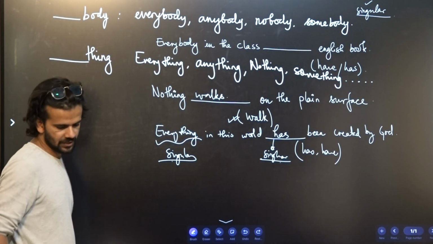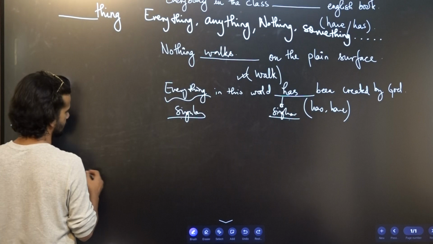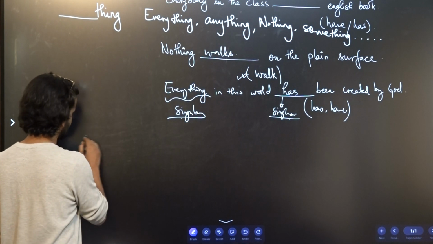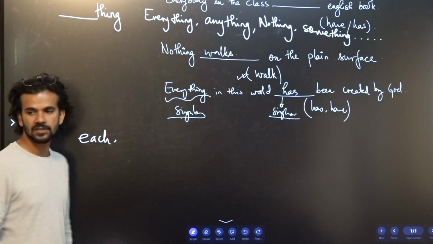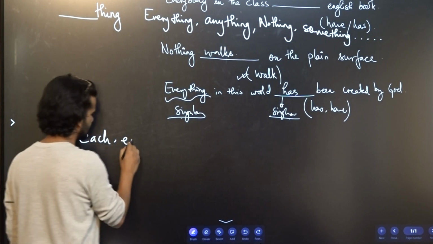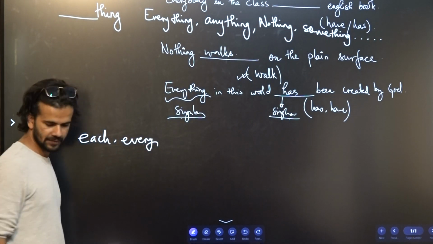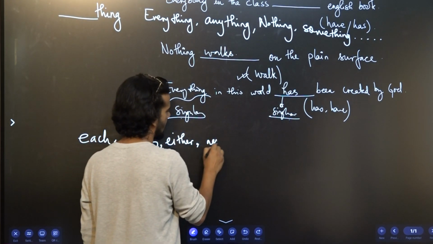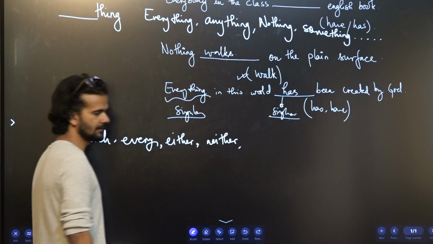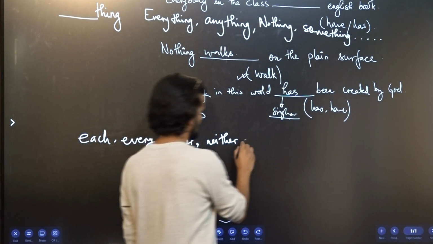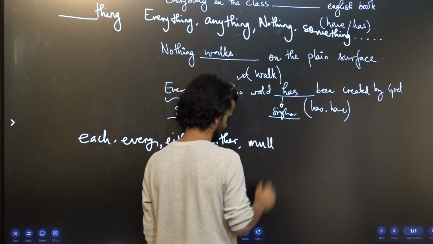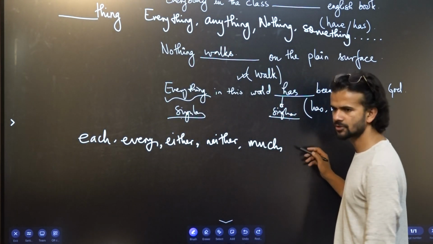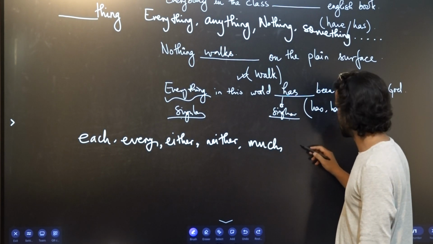For example, pronouns such as each, every, either, neither, much, such, little.